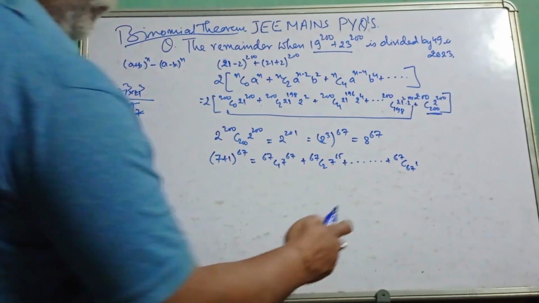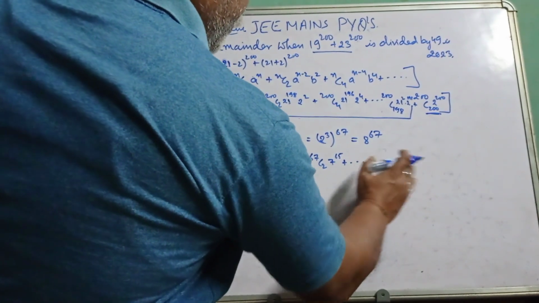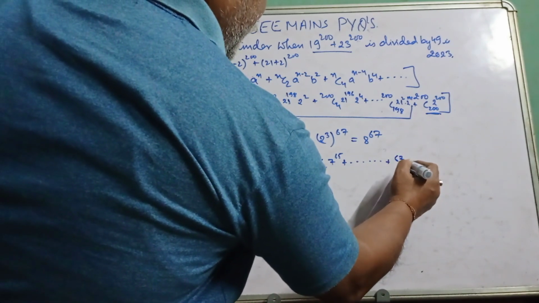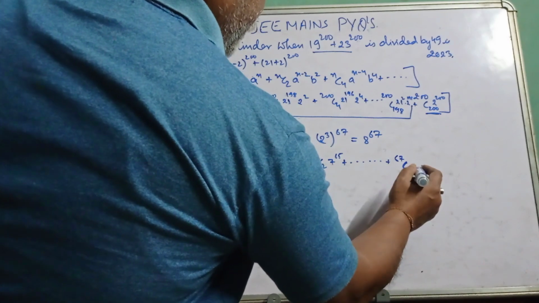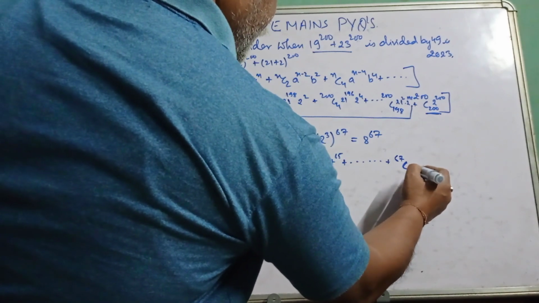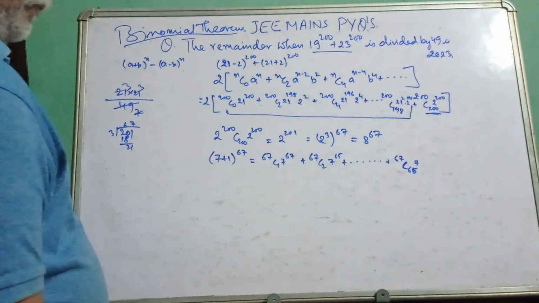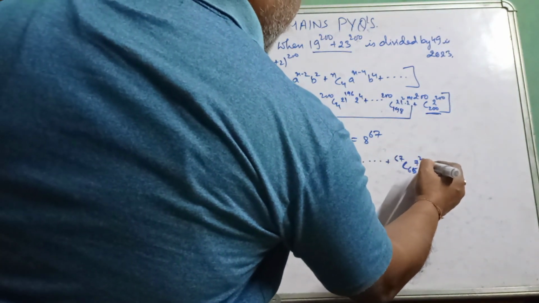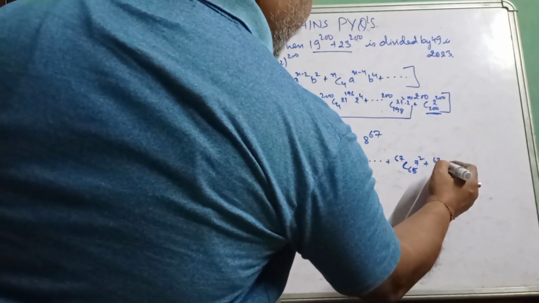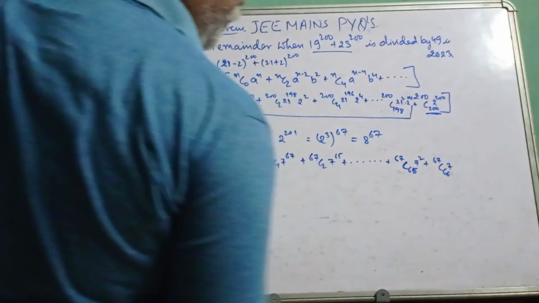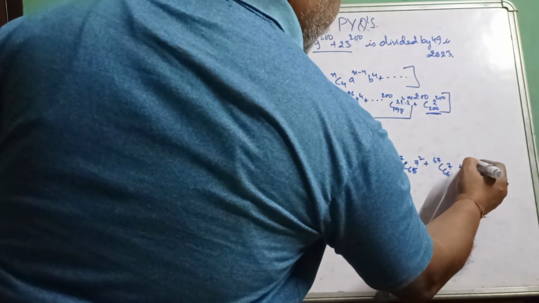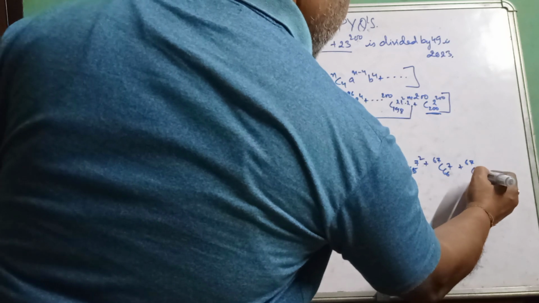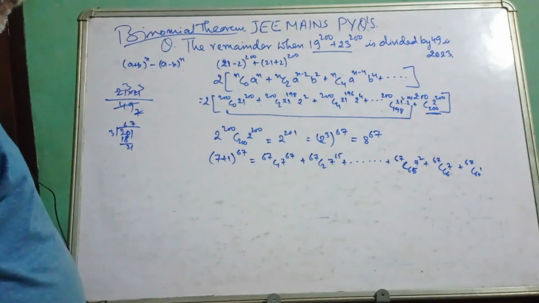So here before the last term you have 67C65 7 squared plus 67C66 7 plus 67C67.